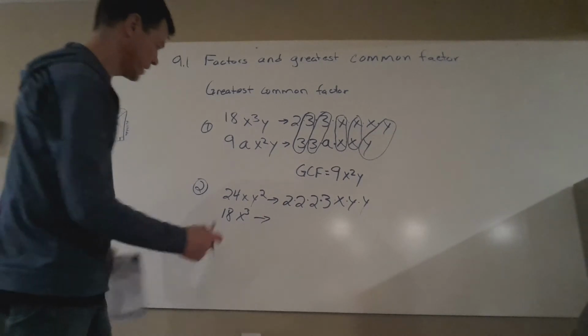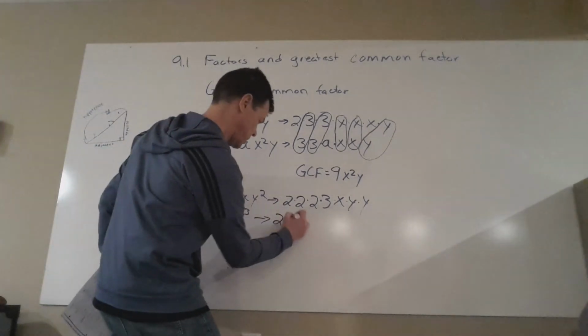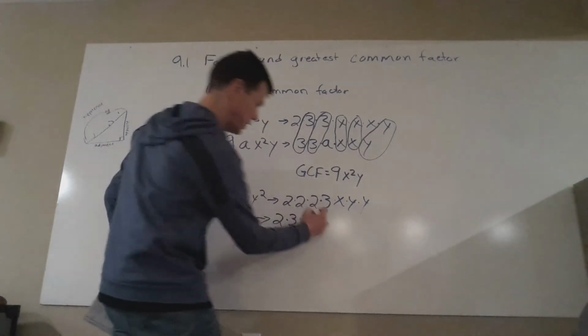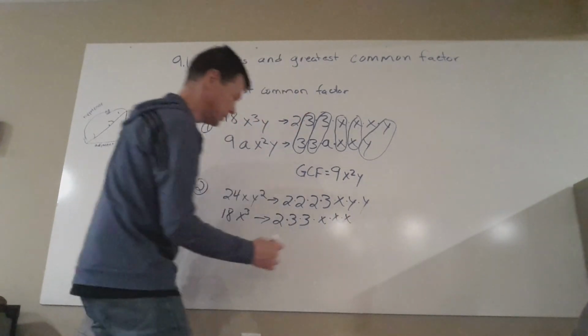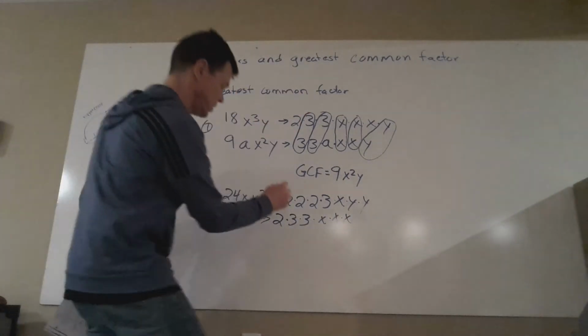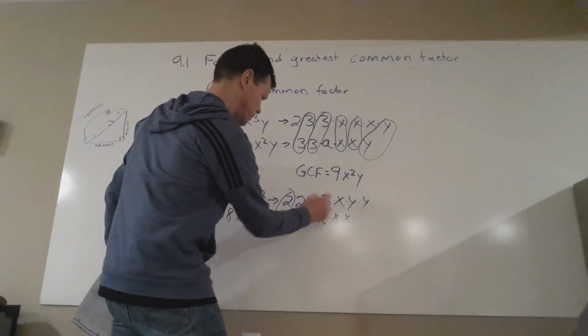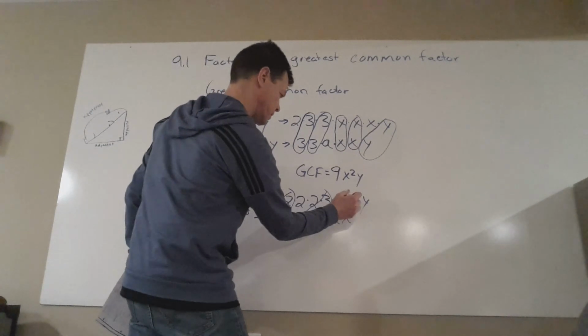18x cubed, factor it completely. It's going to be 2 times 3 times 3, and 3 x's. Look for your common factors. 2's are common. 3's are common.